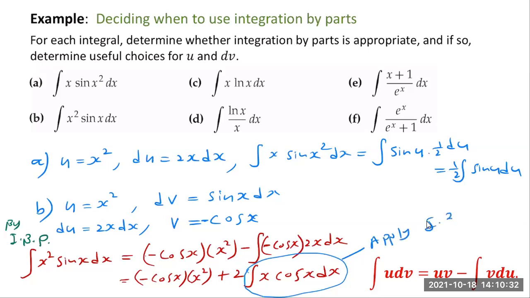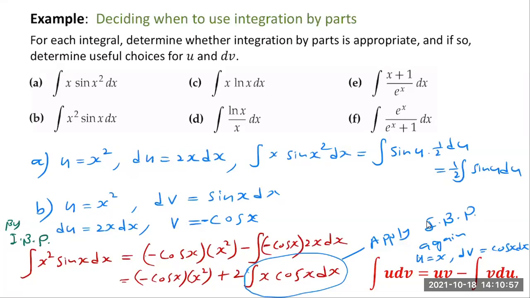Apply integration by parts again. You can take u to be x and dv to be cosine x dx. That should give you an integral that you can solve.